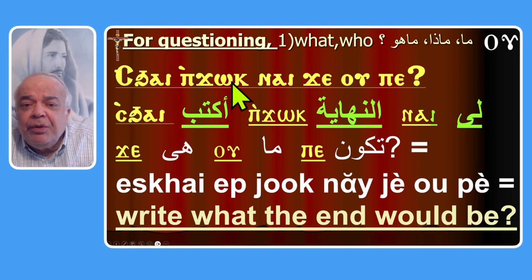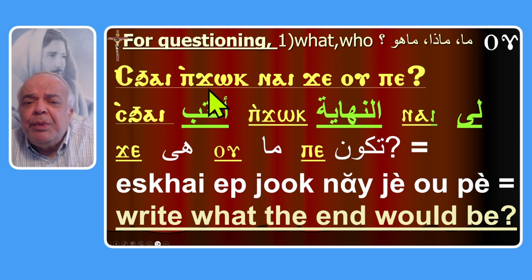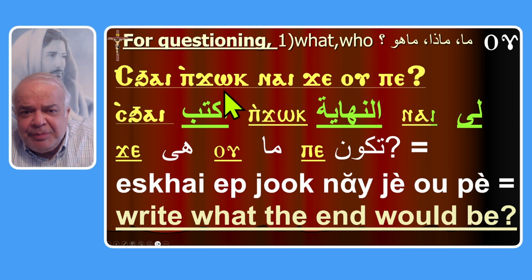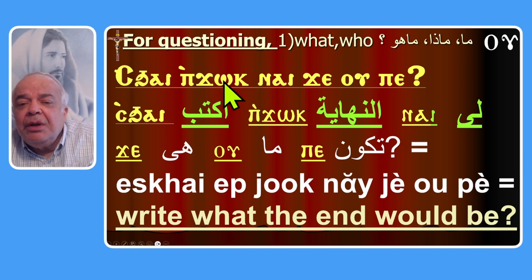So gok with the long O means book. Gom with the short O means power. Let me say it again. Gom with the long O and may at the end means book. Gom, janja, short O, may means power.